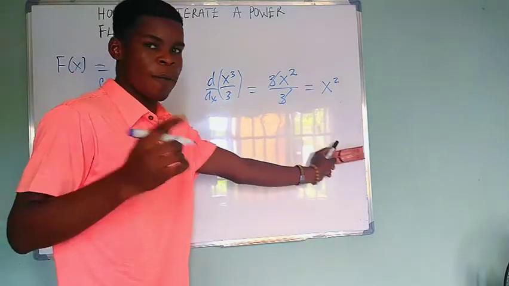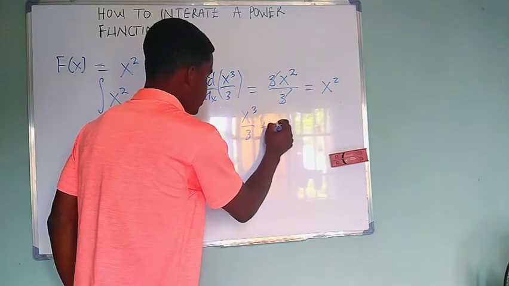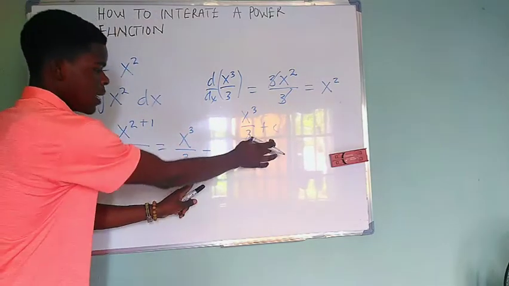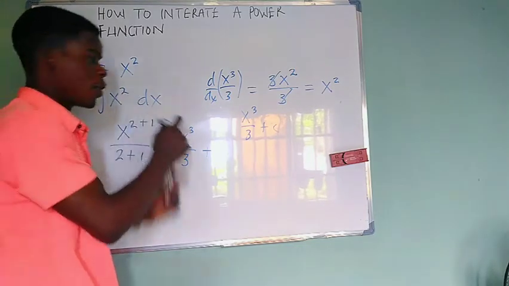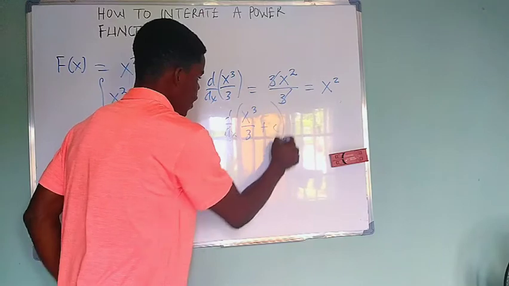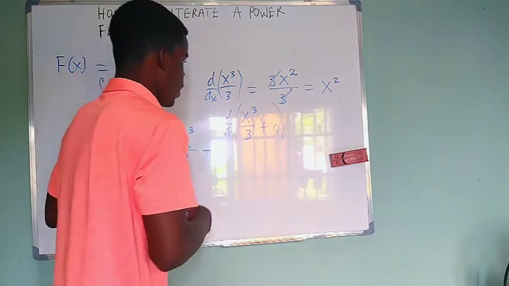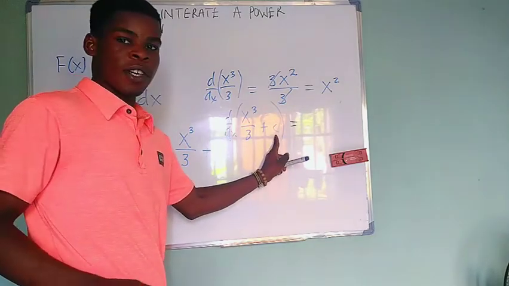How about if I want to differentiate x cubed over 3 plus c? This is the same thing as the derivative of the original function. So you differentiate this with respect to x. The derivative of a constant is 0.